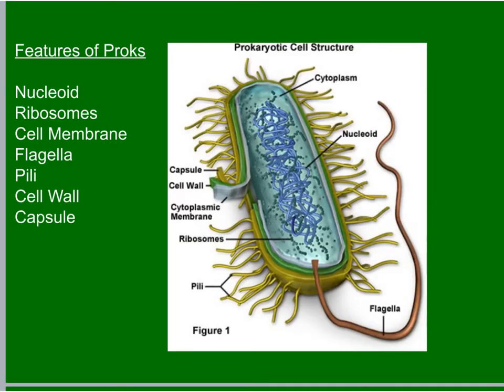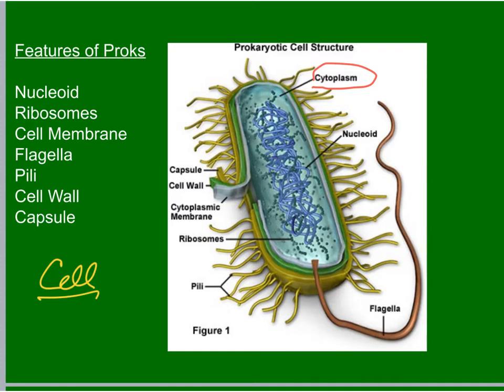Here is a typical prokaryote, and what we're doing here is just demonstrating that this is a cell. So most important, if it's a living organism, it has to be a cell. This is a cell that has many of the same things that we have. Okay, I'm going to go back and use red. So cytoplasm, we have cytoplasm for sure.